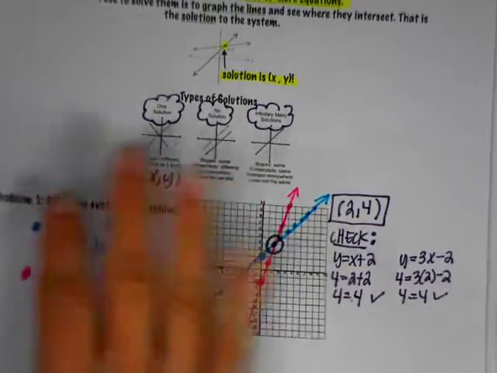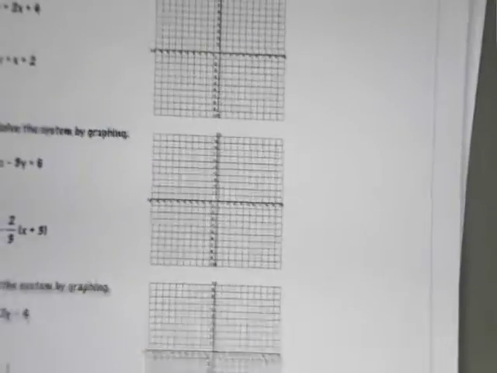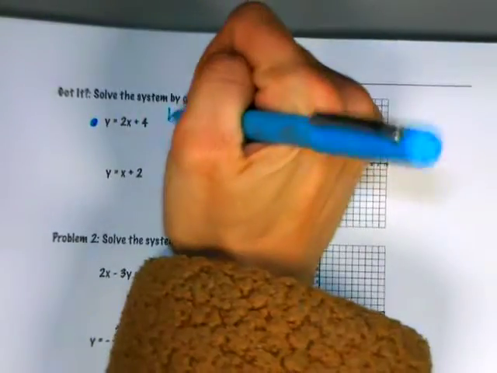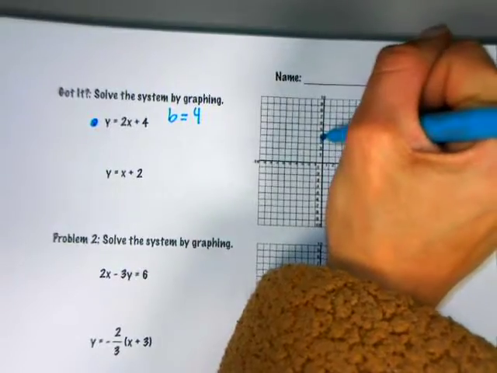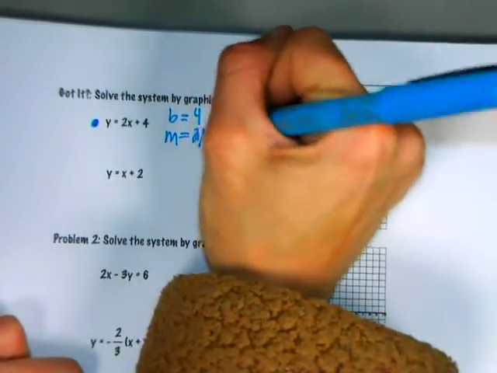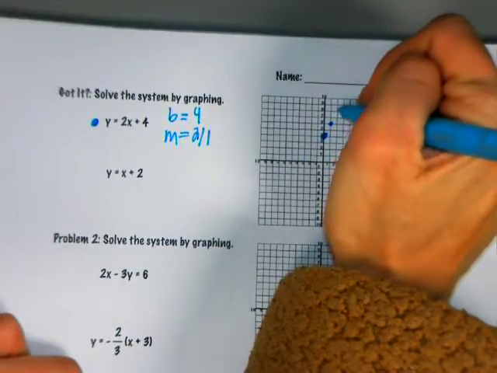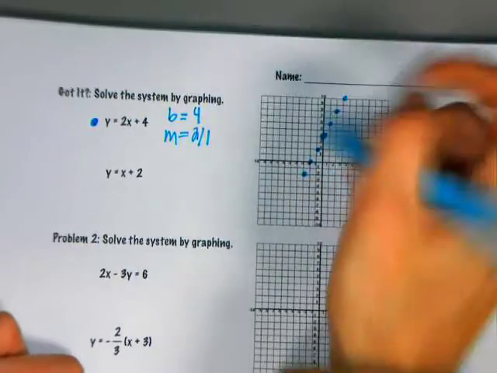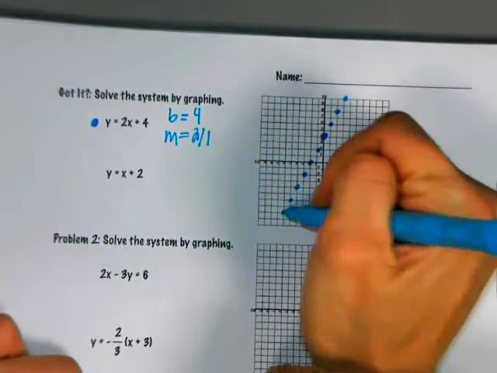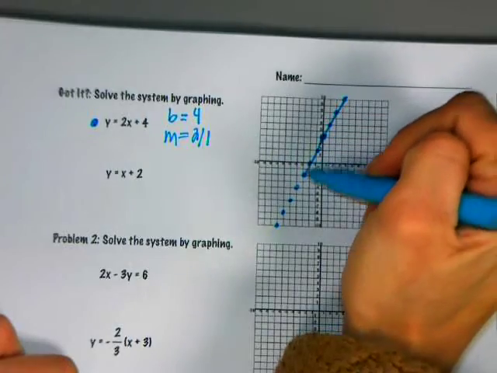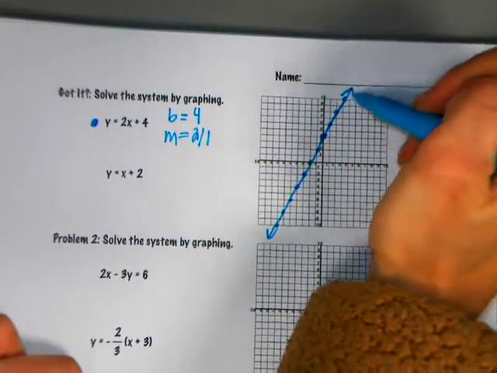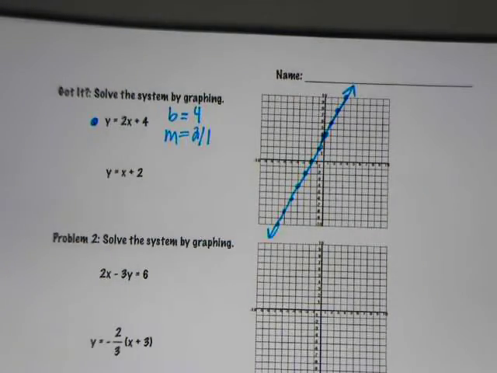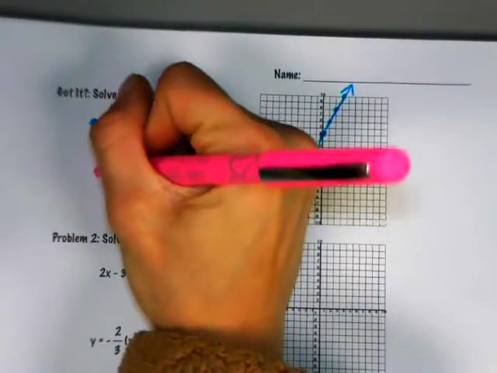All right, ready? All right, so for the top one, what's my b? And then my slope? Yeah, 2 over 1. All right, and then what's my b for this one? 2.